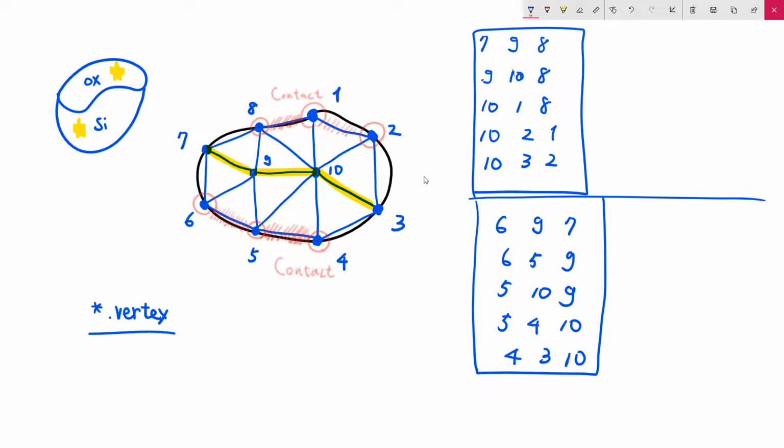I will not give you a formally determined description of the file format. You can invent your own file format, but in order to specify this, you have to introduce these two different region specifications.